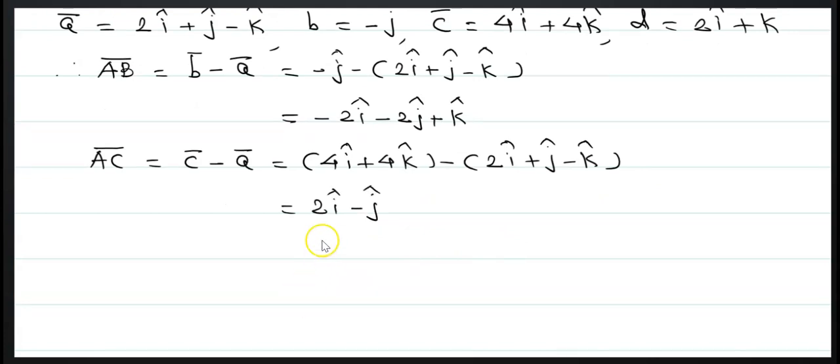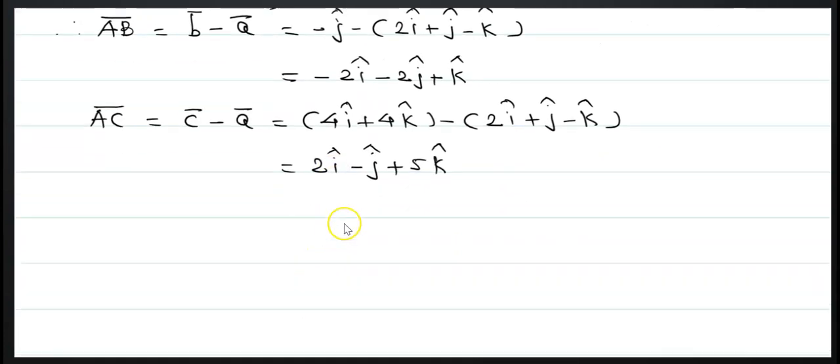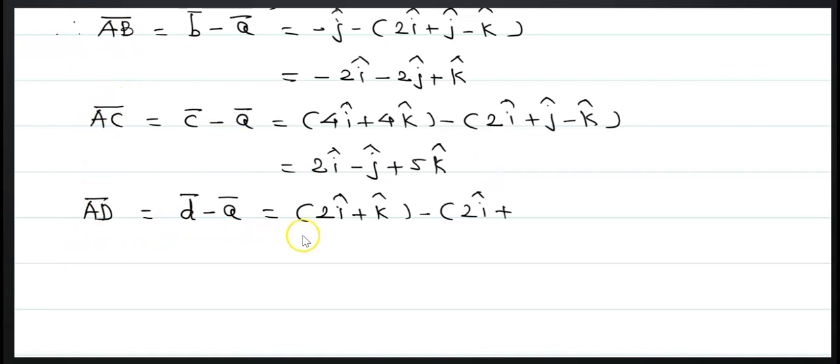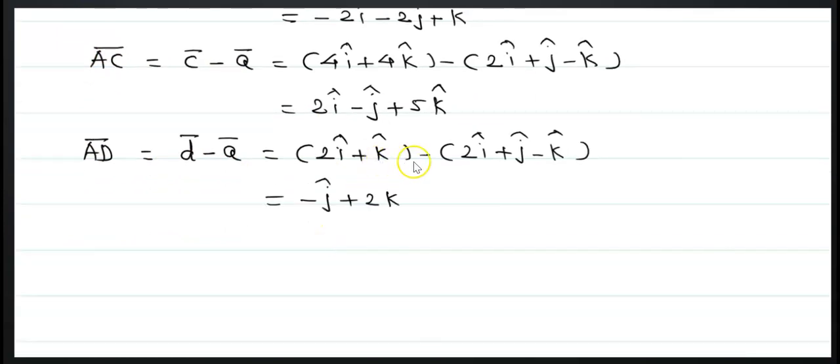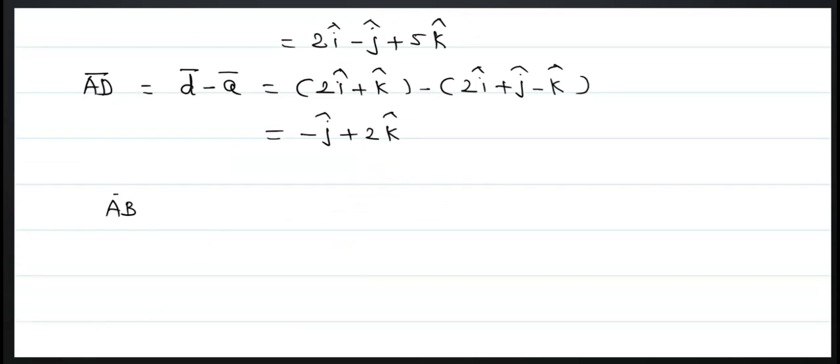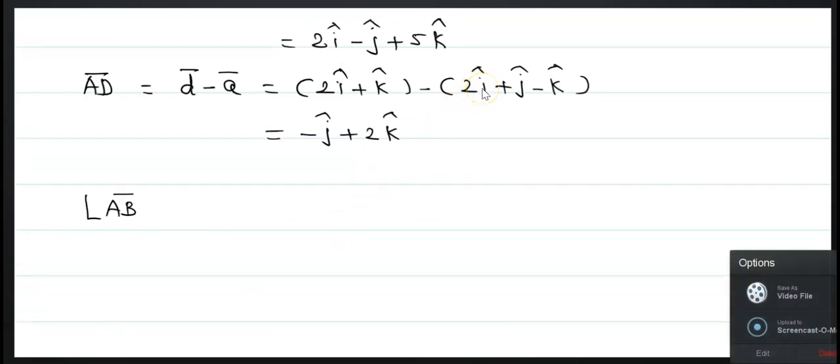Evaluate this, that is 2i minus j plus 5k. A is common here: AB, AC, AD. D bar minus A bar, that is 2i plus k minus in bracket 2i plus j minus k, and evaluate this, then you will get minus j plus 2k.